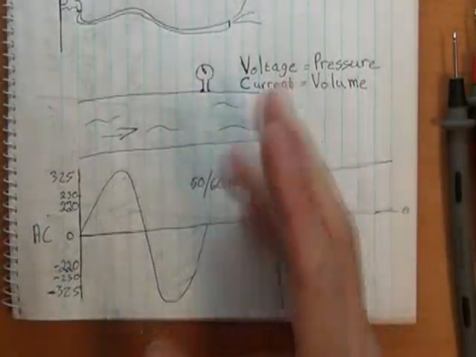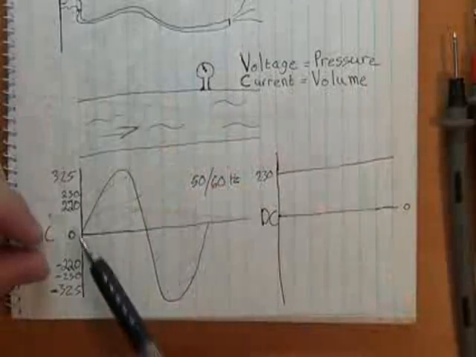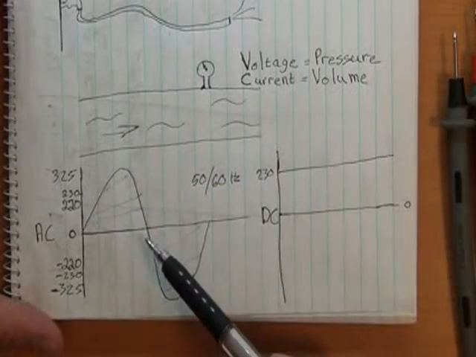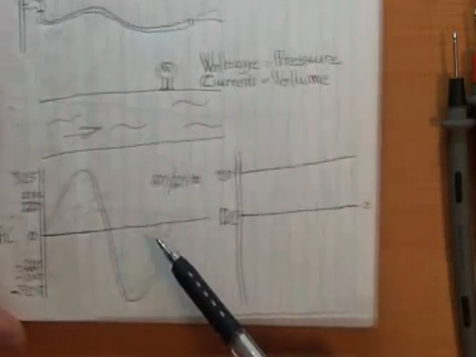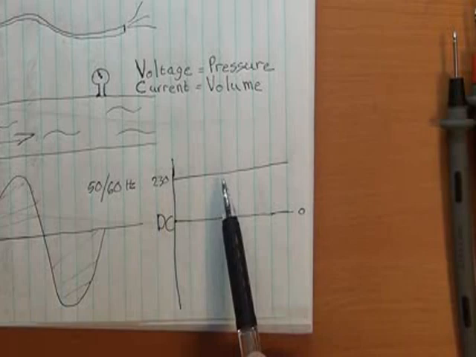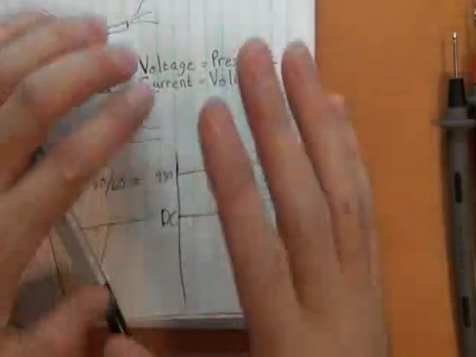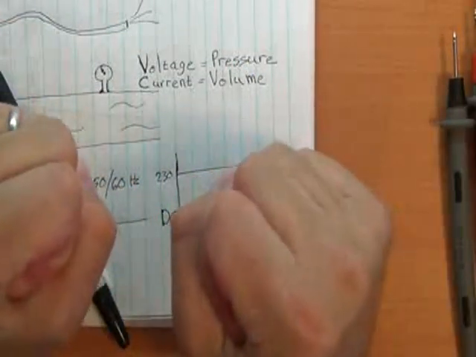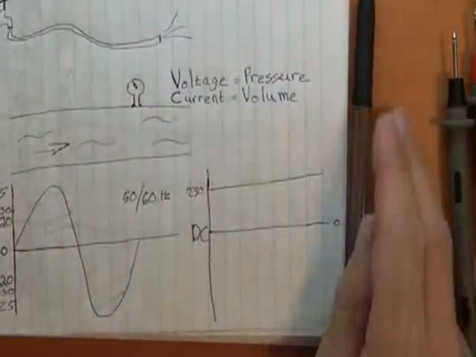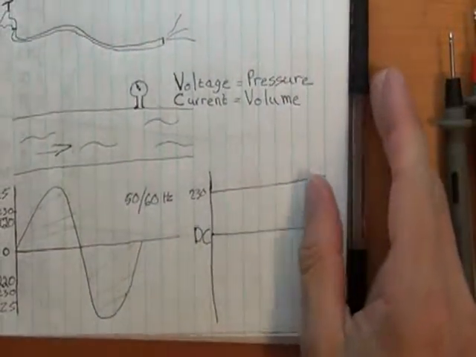If you've ever touched AC, it gives you that buzz, but it's going on and coming off, so it actually gives you a chance to release, or in fact kicks you off if you get a shock. Whereas with DC, you're just getting the full-on 230 all the time, and it'll grab you and clench you on. So that was basically the answer I was trying to get to.